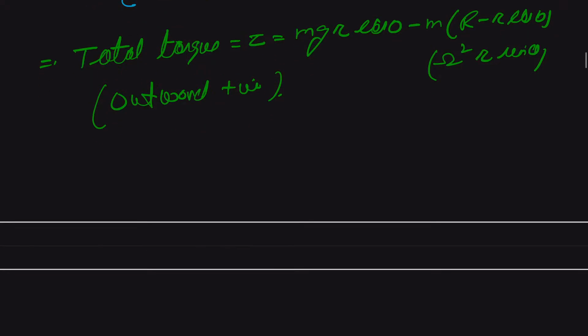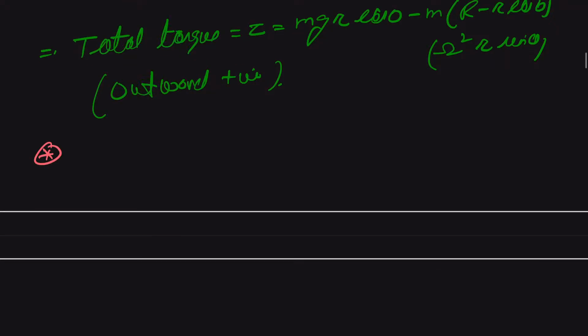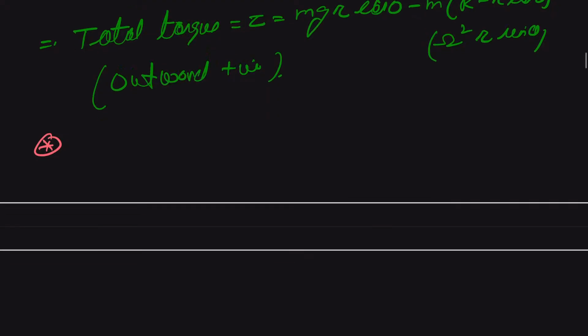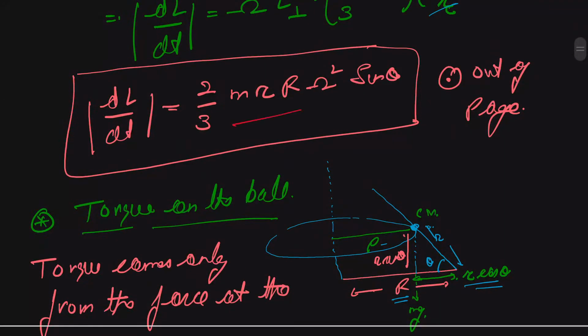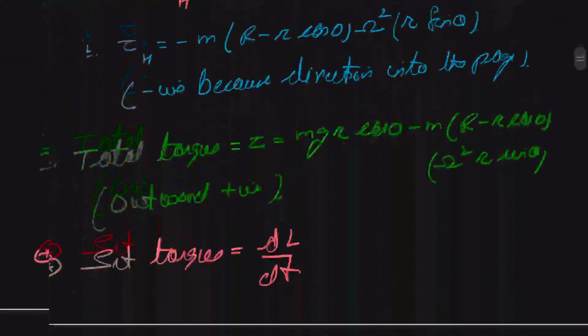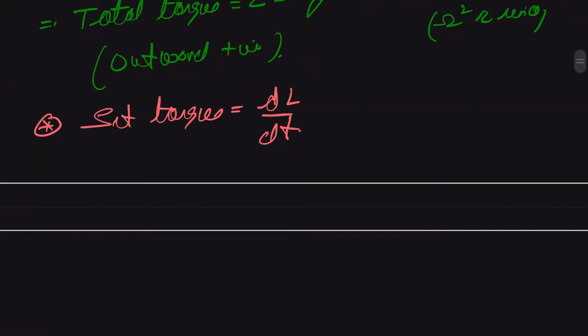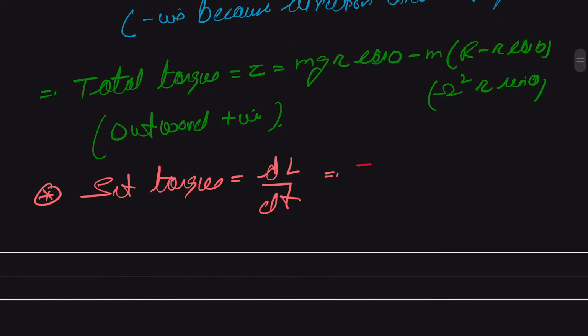Now almost all the calculation is done, only small part is left, and next we are going to set the torque equal to dl by dt. Okay, that's our, so we can say that set torque is equal to dl by dt, and dl by dt we have already calculated. Okay. So we are going to equate them, or in the simpler terms we can say that our torque, which we know, is our dl upon dt.